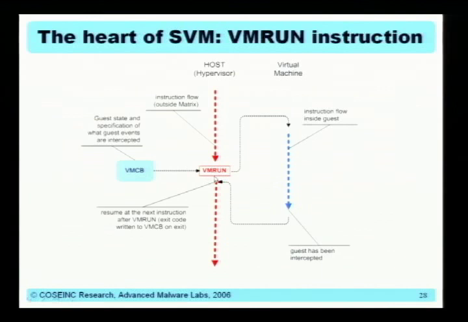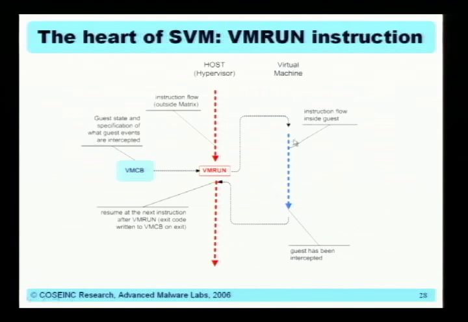This instruction is similar to call, because it starts the execution of the virtual machine, which now executes, just like a function, until some event occurs, an event which we would like to intercept. So let's say we wanted to intercept page fault exceptions.